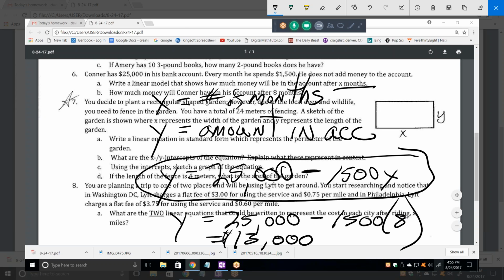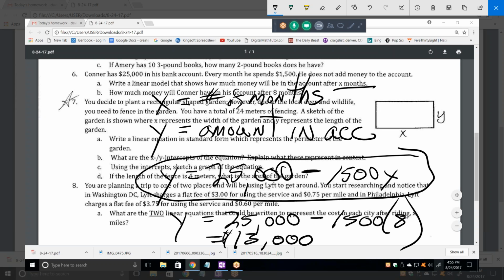In other words, when he runs out of his $25,000, the bank account is at zero, and he can't take any more money out. He can't spend $1,500 anymore. It's all gone. So at the end of 100 months, he's well past zero. In fact, at the end of 10 months, he's down to 10,000.